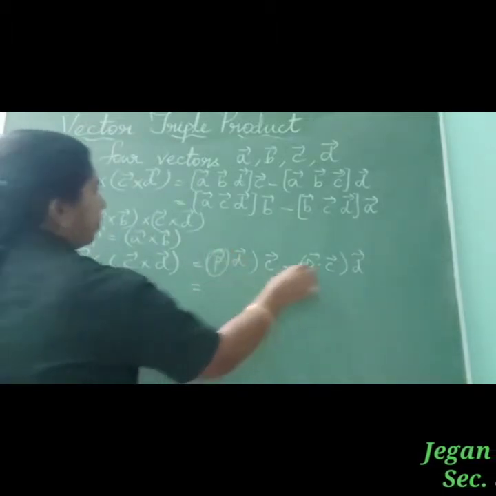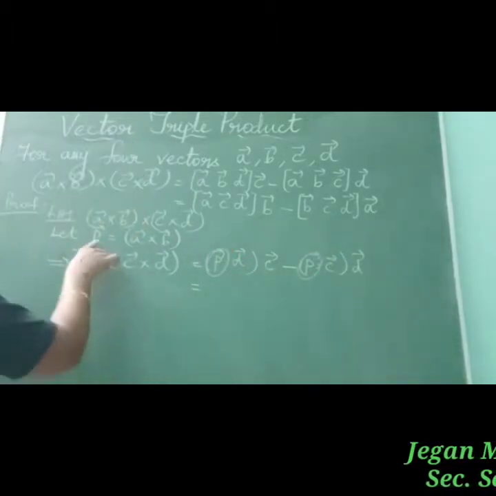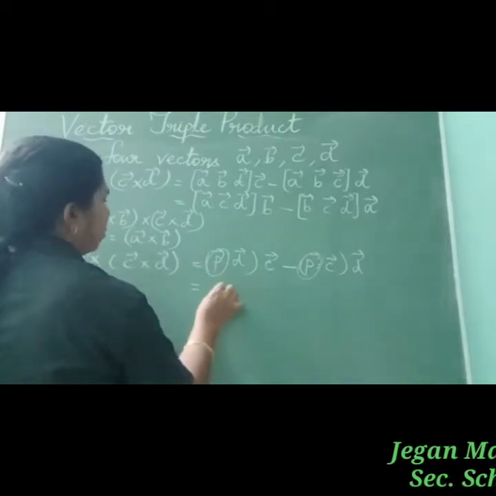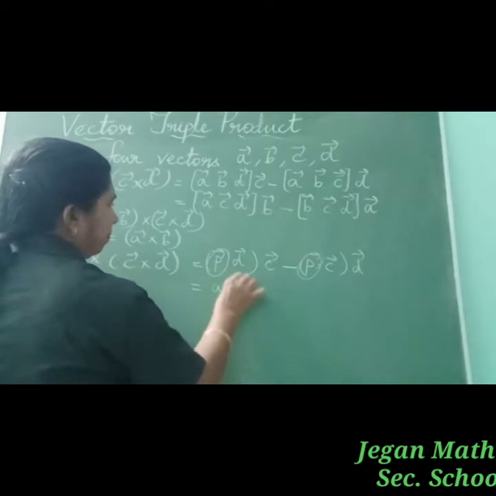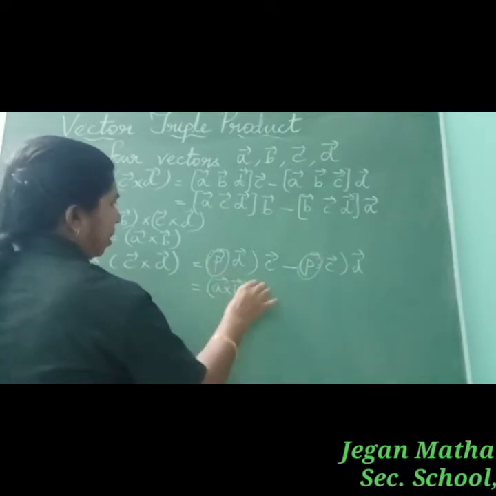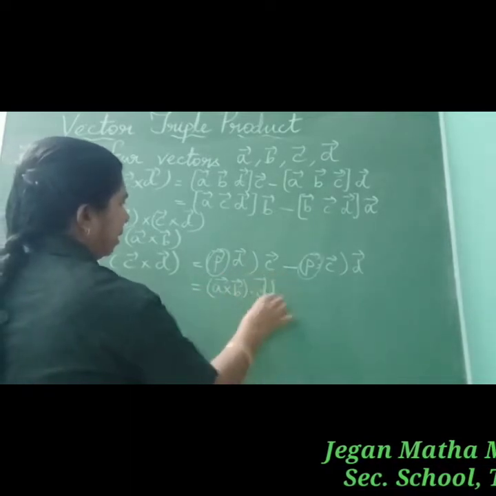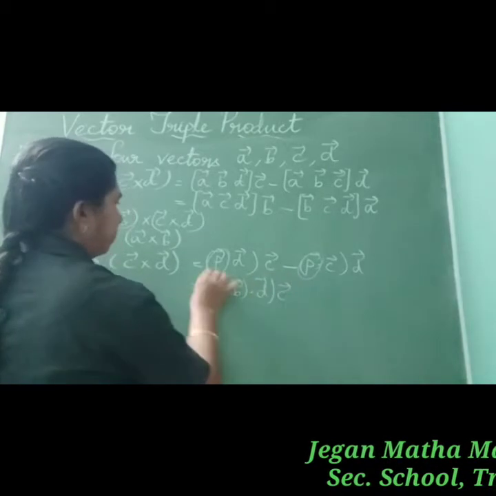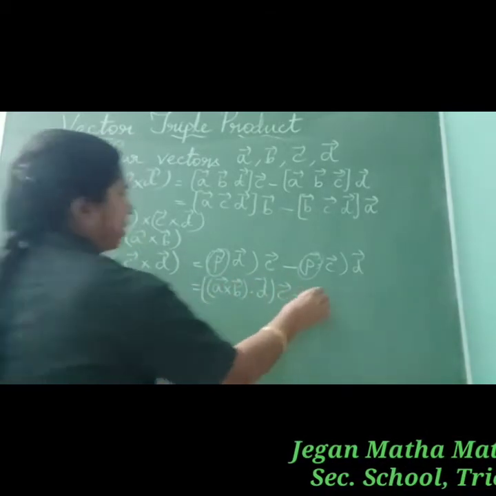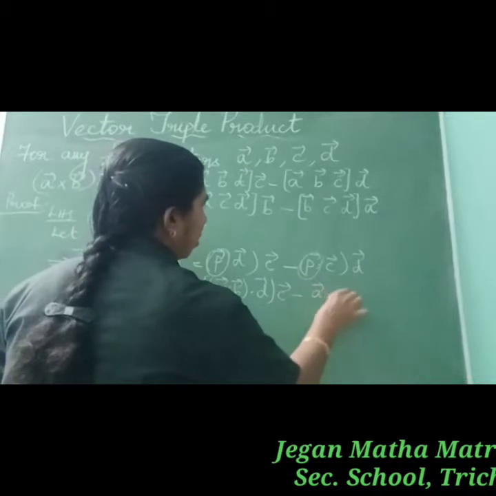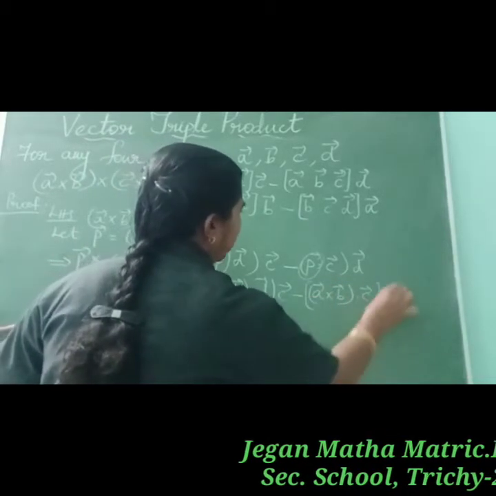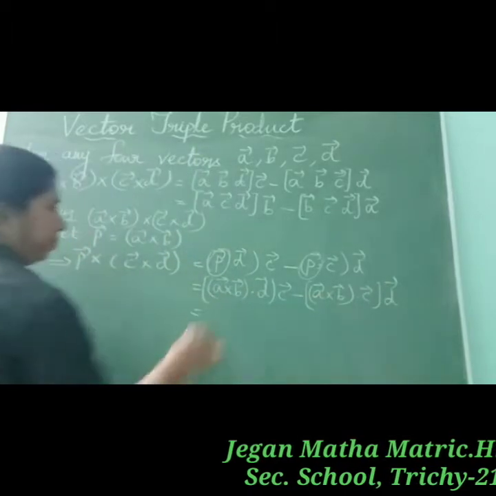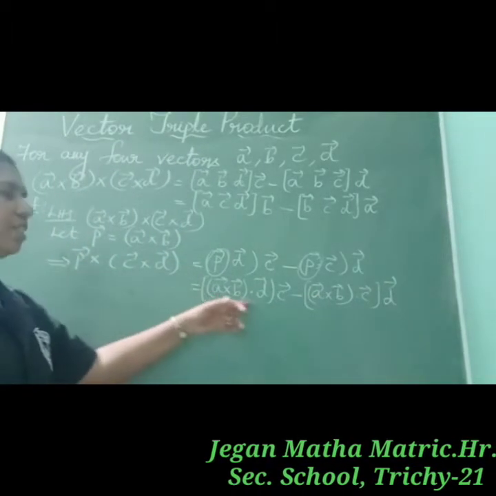Here you can substitute the value of P. We assumed P is equal to A cross B. So (A cross B) dot D into C vector minus (A cross B) dot C into D vector. This is a scalar triple product.